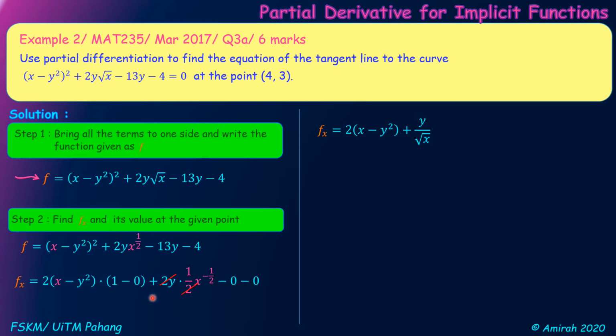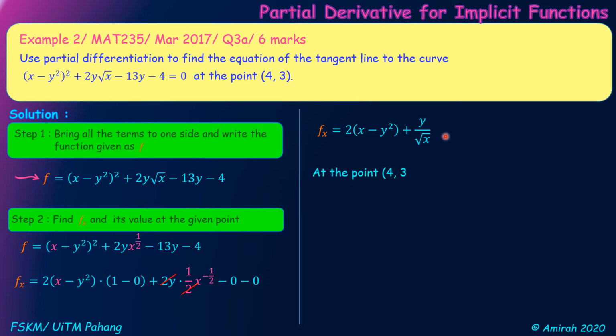And after we simplify 2 and 2, in the denominator we have y, and we can move x to the power of negative half down using the properties of indices. When we move it to the denominator, we get x to the power of positive half, which equals root x. And then minus 0, no need to write.